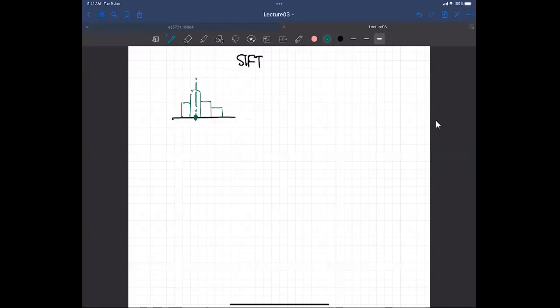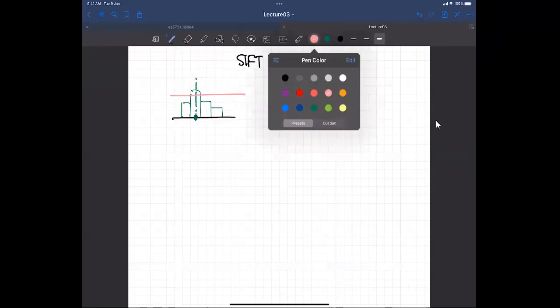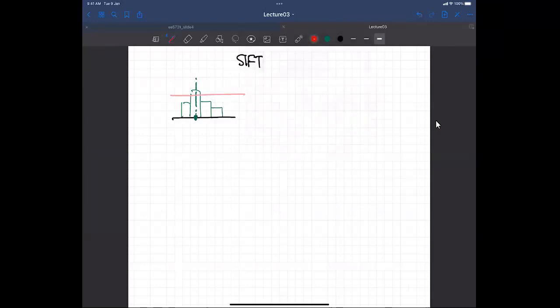Now, if you have a threshold and your threshold is somewhere here, for example, it will be deemed as a corner, high contrast. But if you look at the surrounding, of course, not all pixels are affected by noise. Noise is sampling randomly from Gaussian noise. So perhaps for this X location here, it is very high, but the surrounding is not necessarily high. The surrounding is somewhat normalized to each other. I mean, the surrounding is less affected by noise.